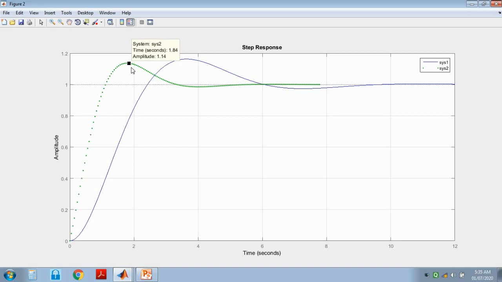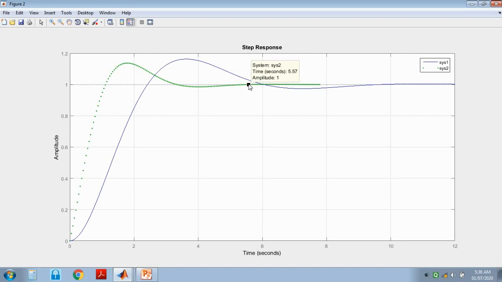Here it is about 14% of overshoot, and the corresponding peak time is about 1.75 seconds. Then there is a certain undershoot, and again the system will take near about 5.43 seconds to get settled down.